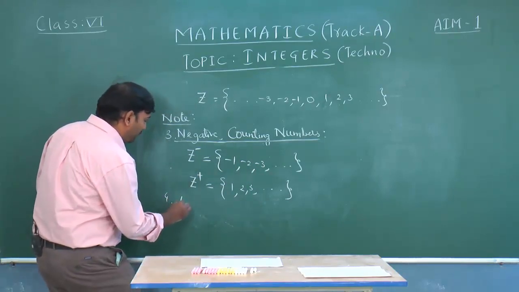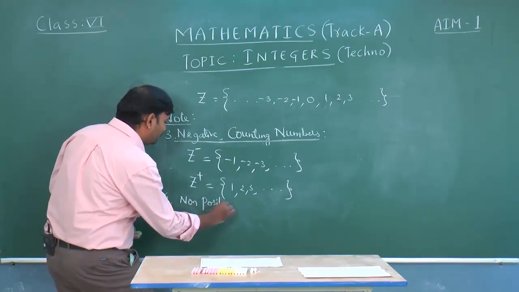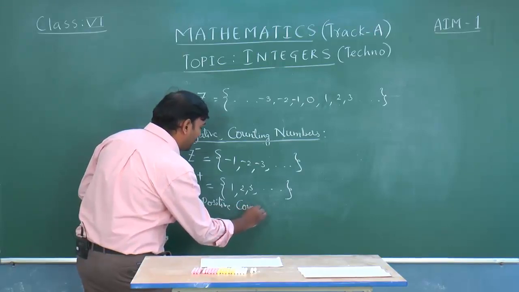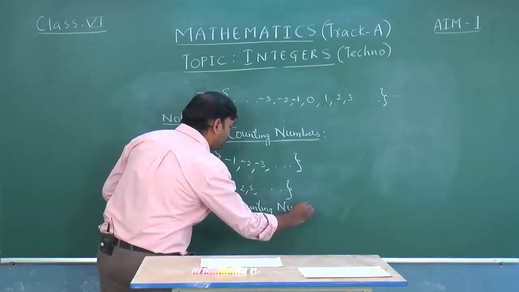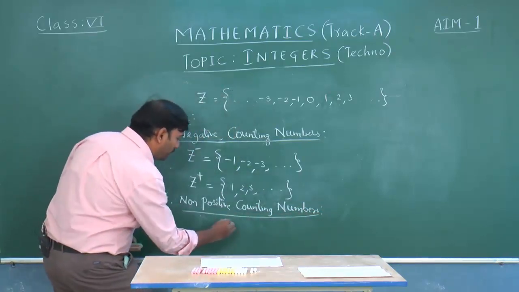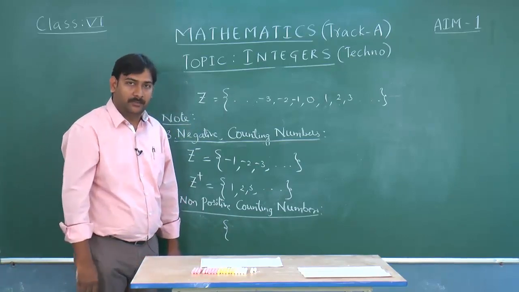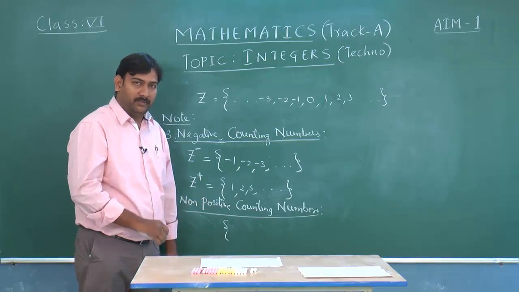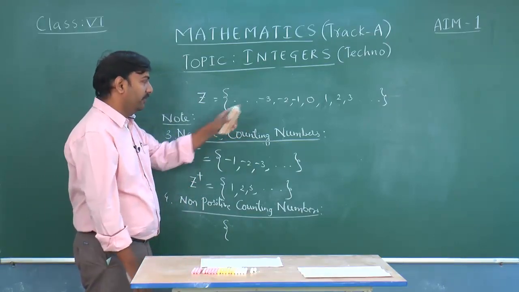This is going to be non-positive counting numbers. What are these non-positive counting numbers? Non-positive counting numbers means we should not consider the positive counting numbers. So apart from positive counting numbers, take every number from the set of integers.